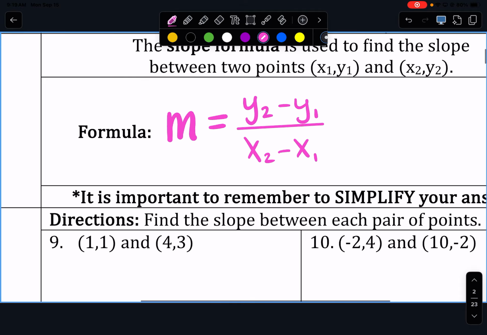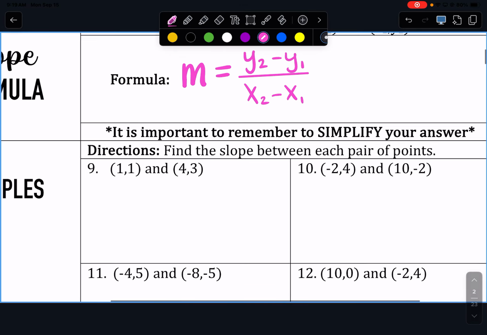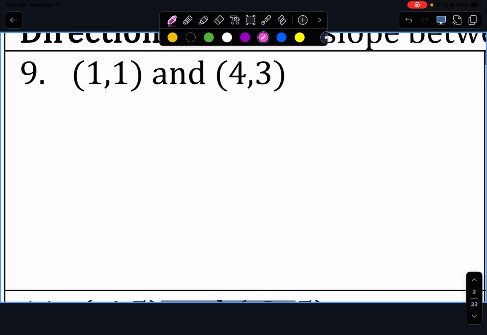So we are going to find the slope for all of these questions right here. Okay, so for number 9, we have x1, y1, x2, y2. If you are someone who gets those mixed up, it takes 5 seconds. Label them, call it a day.